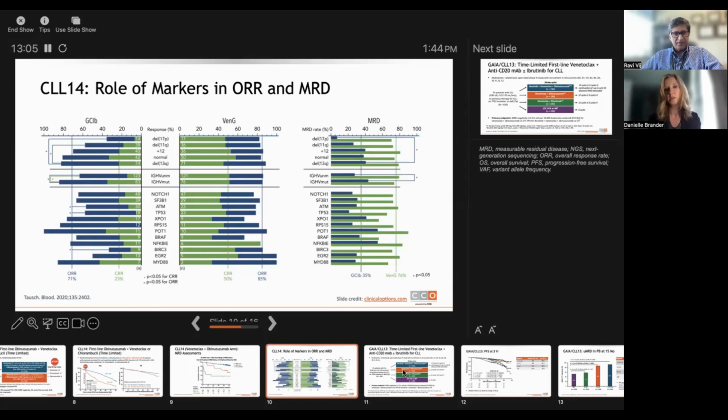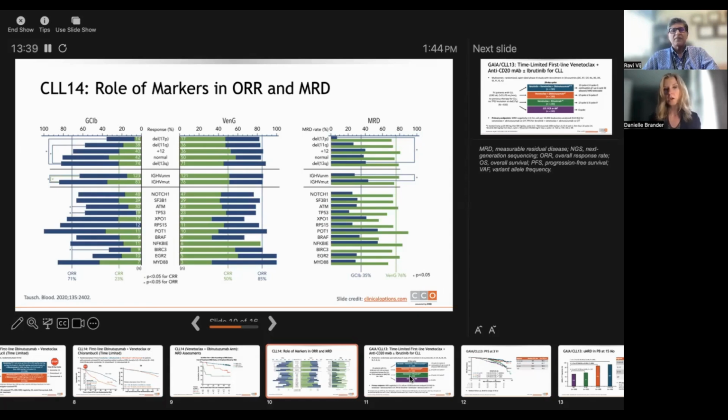However, patients with that change are more likely to not achieve a deep response and are more likely to have shortened progression-free survival. So certainly that can be one reason, at least in choosing between agents, for patients with TP53 aberrations, unless they have a reason not to do a BTK, you might want to favor continuous suppression, for example, because they're less likely with ven-obin to get a deep response.